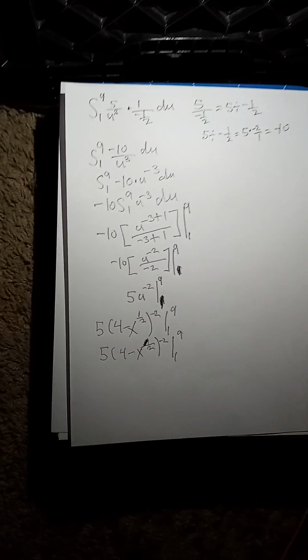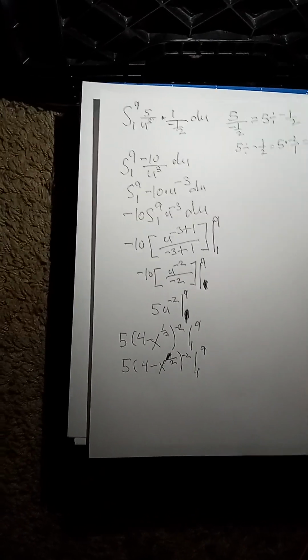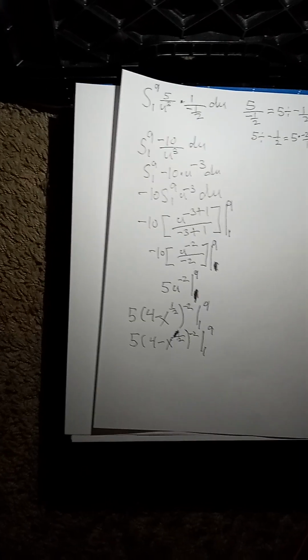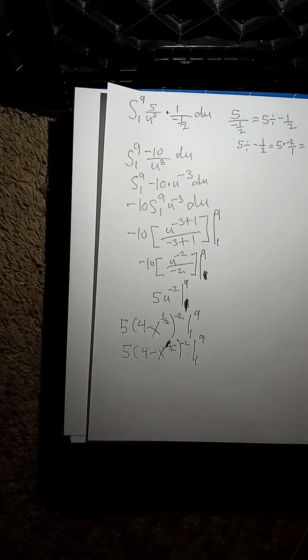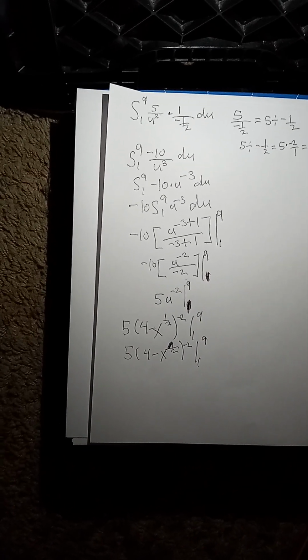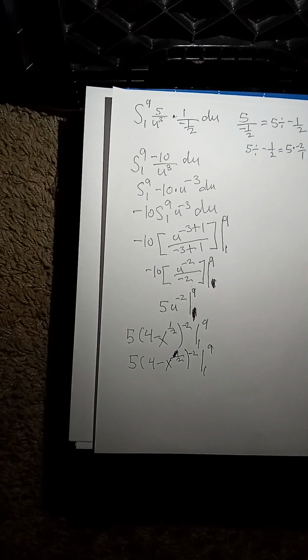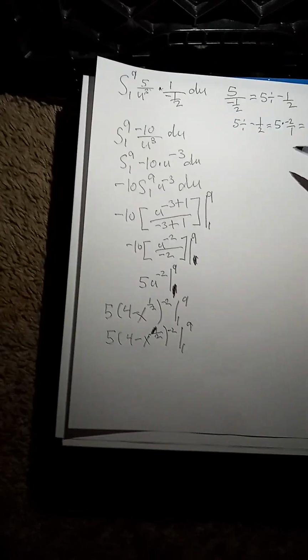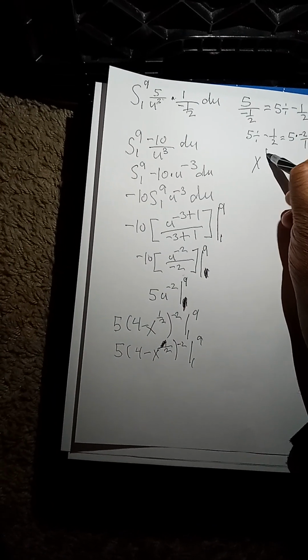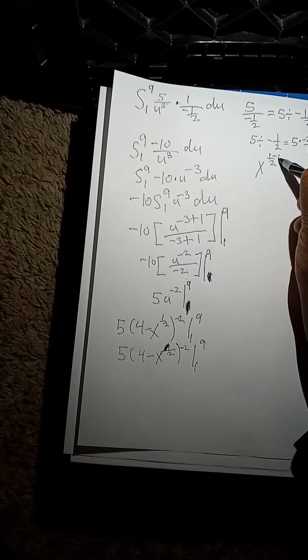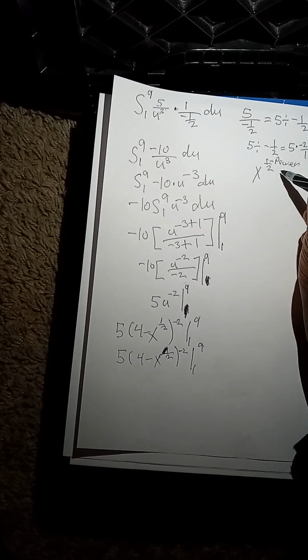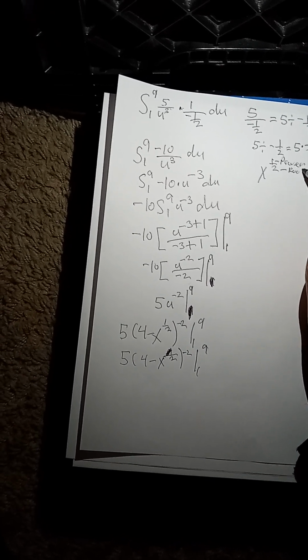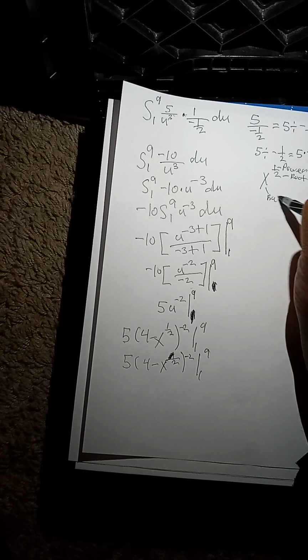Now I can flip this fractional exponent back to the square root of x. So x to the 1/2 here: the top part is the power, the denominator is the root, and this is the base.